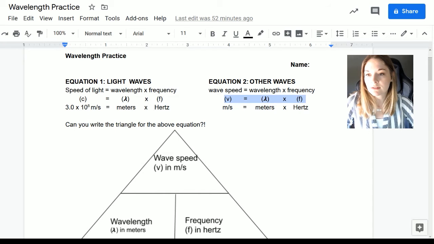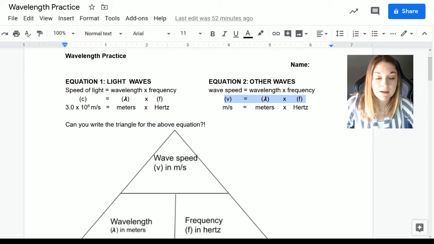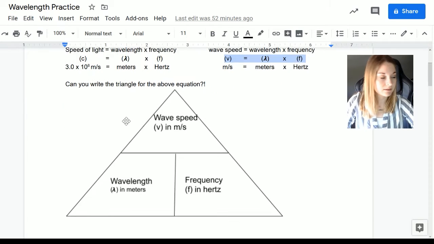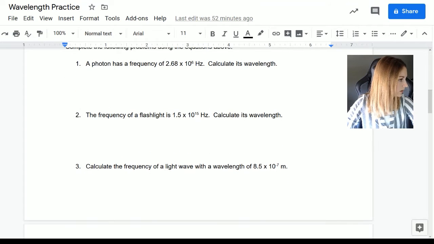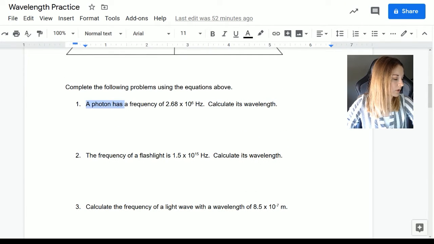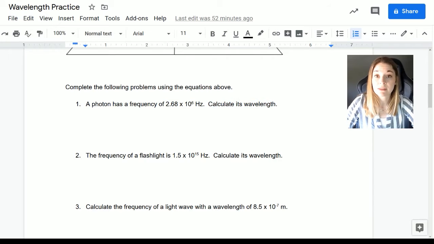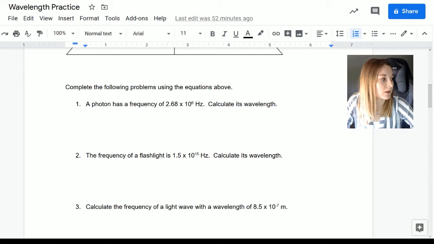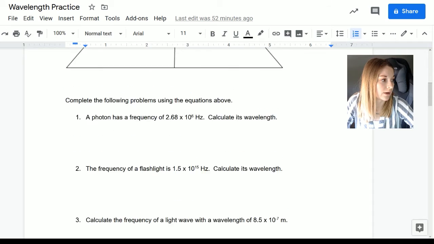And then if you look at equation 1, it's the same setup, it's just given for the speed of light. So it's specific to light waves. So anytime in your homework, if you're talking about light, for example, number 1 says a photon has a frequency of so-and-so. Photons have to do with light. So you will be using your first equation to solve question 1.